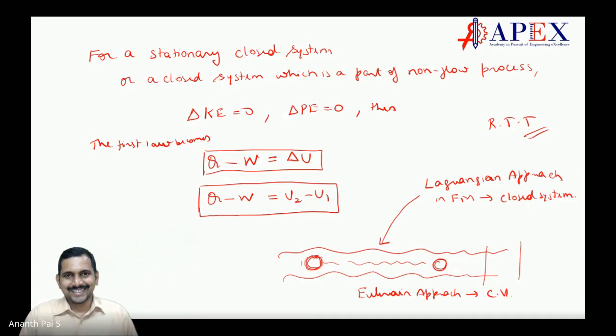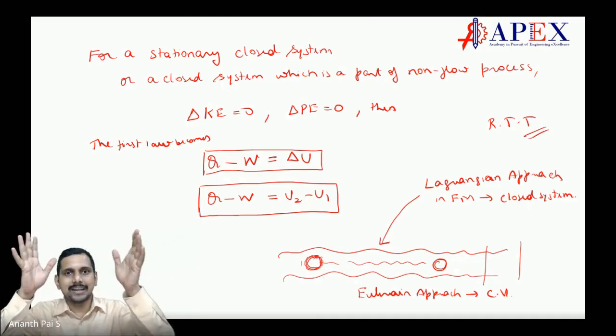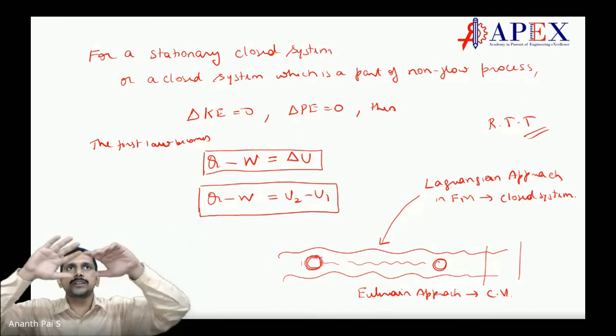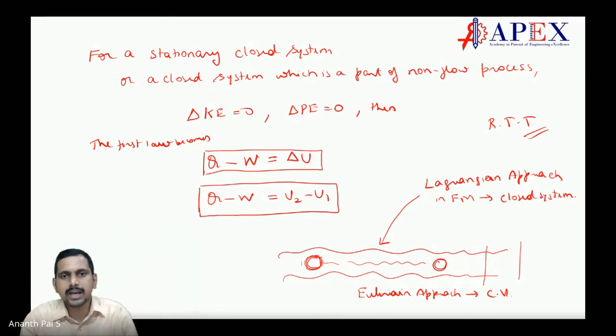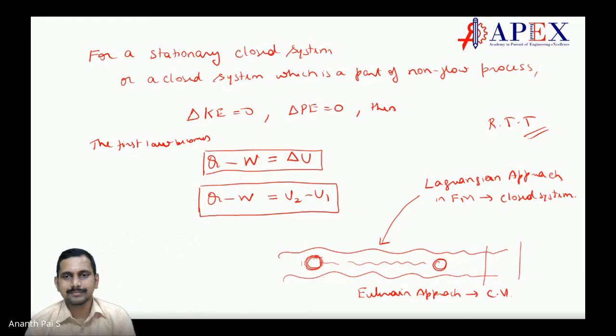The surrounding is one half air, the other half water. There is no water going inside the oil and no air going inside the oil, because those are immiscible. If it goes, then it would have been an open system.